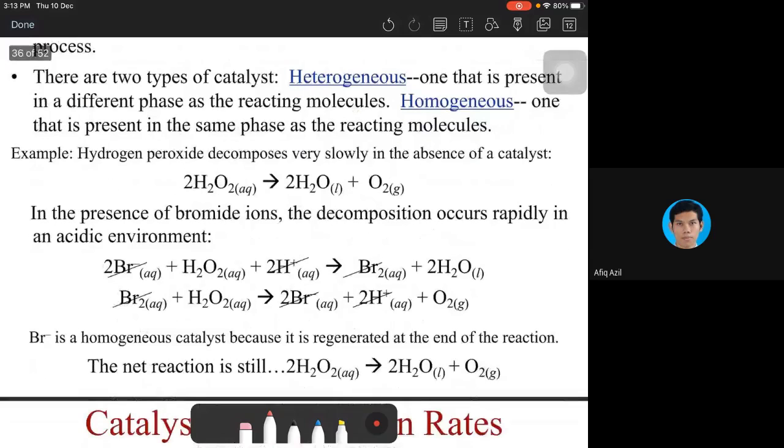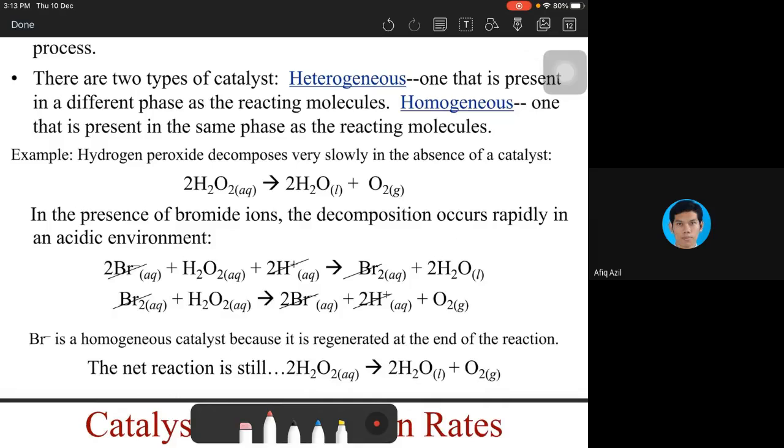Example of hydrogen peroxide over here, it decomposes to become water and oxygen gas. But if you add bromide ion as a catalyst, the decomposition occurs very rapidly in an acidic environment, and the mechanism also becomes different because the reaction has become two parts.